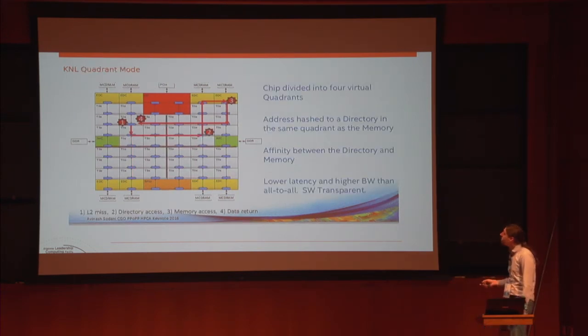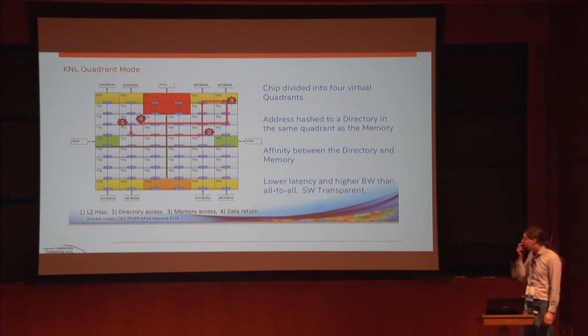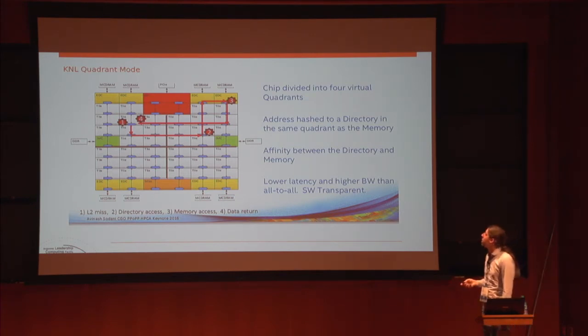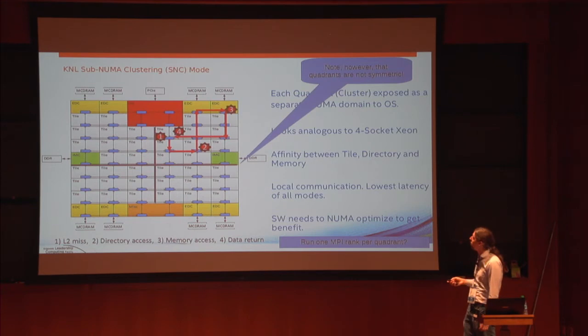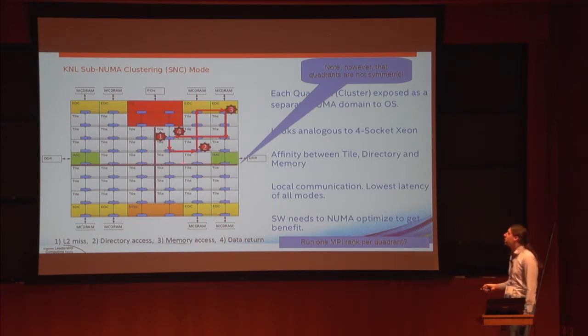There's a quadrant mode, where you divide things up further. And then there's a sub-NUMA clustering mode, where each of these quadrants actually looks like its own NUMA domain. I will caution, this mode does have potential advantages.